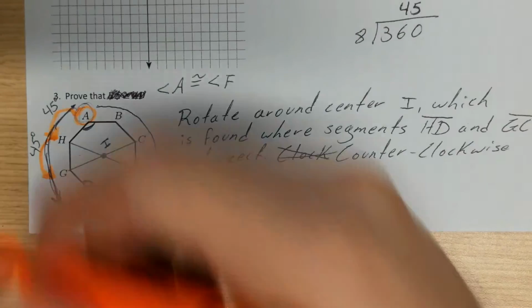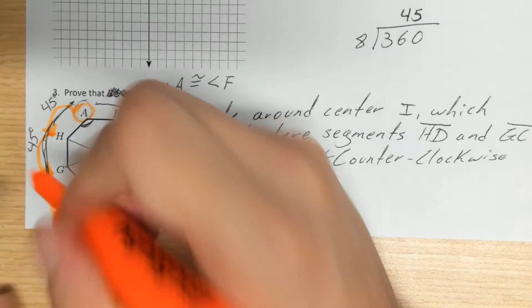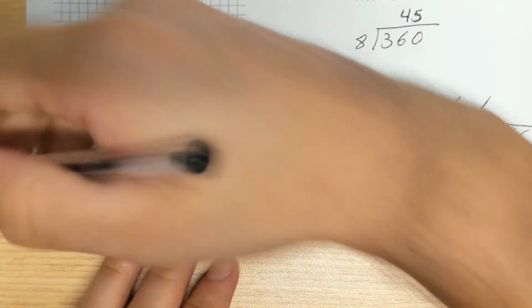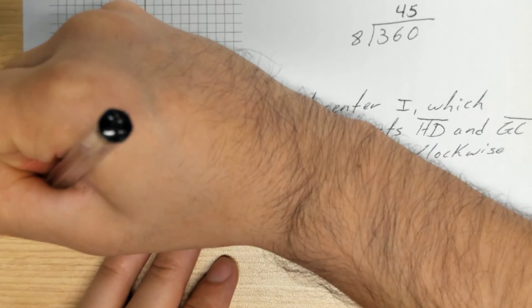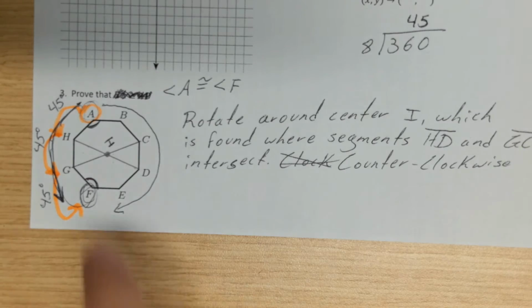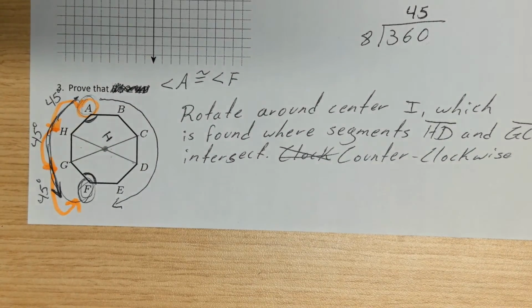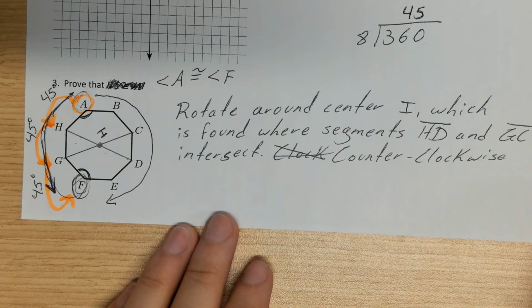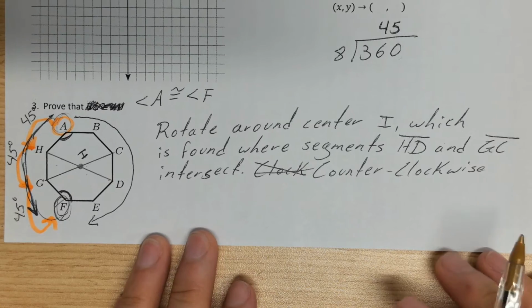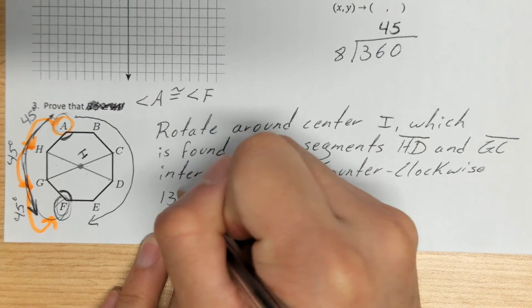And then from G to F, that's another 45 degrees. So guys, how many degrees am I going to rotate to go from A to F? I'm going to rotate 45 and 45 and 45. How many degrees is that? Thank you. 135 degrees.